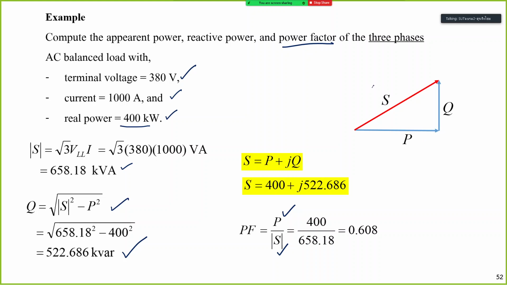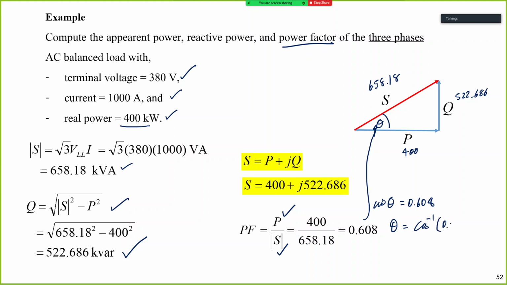In this case, S is 658.18, and Q is 522.686, and P will be 400 here, and this is theta, and the cos theta is 0.608, and you can also compute theta by cos inverse of 0.608, right? So you know the relation of the three powers: apparent power, active power, reactive power, or real power. Sometimes we call real power as active power.